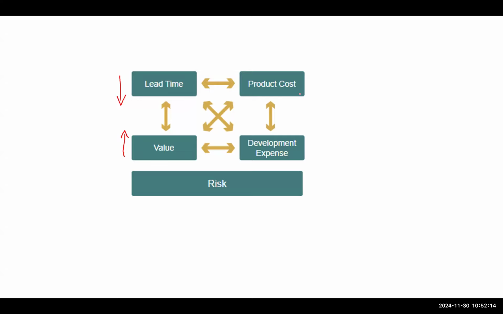The product cost includes the tools, technology, software, everything coming into context, right? So if we want to reduce the lead time, are we okay with making the product cost more by bringing in automation tools or maybe AI technology? Are we okay to take a hit with more budget? Or are you okay to hire more associates?